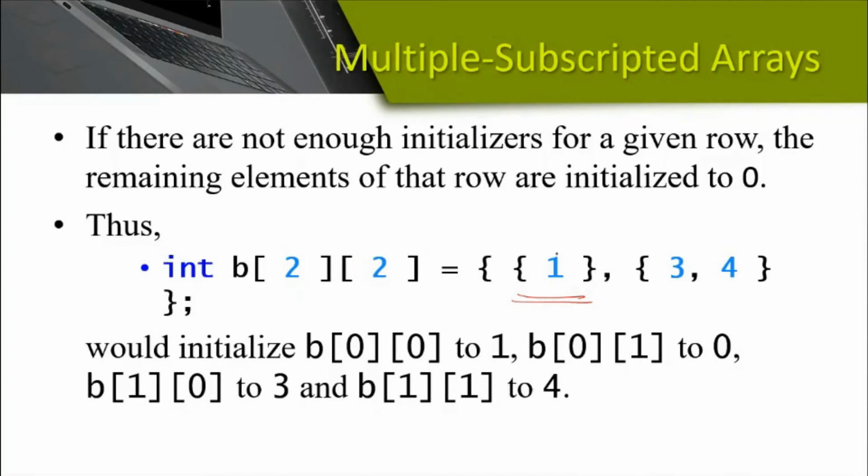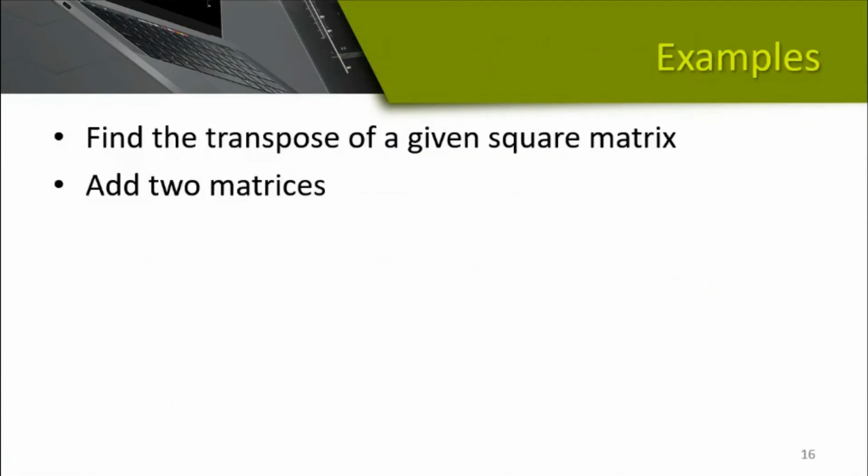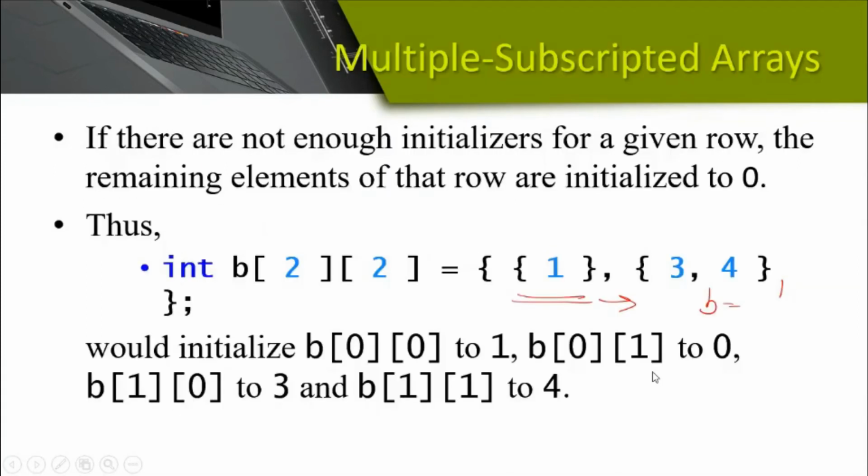If there is only one element present in the first row, then obviously the remaining elements will be initialized to 0. So if this is the condition, then b will be initialized as 1, 0, 3, 4. This is how it is being initialized.